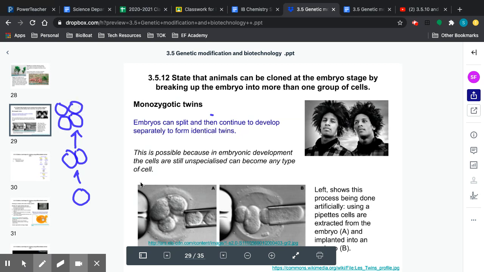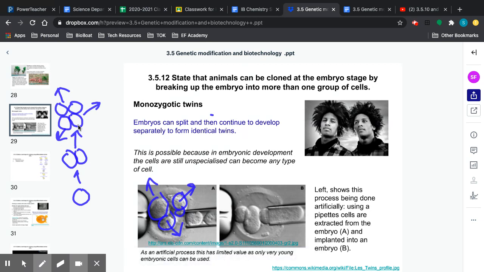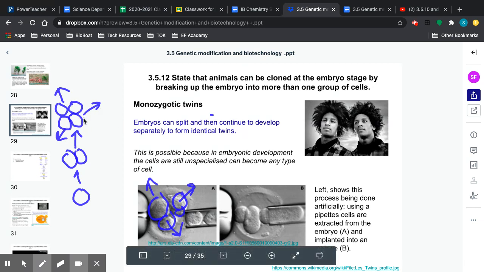What we can do is break these cells up. Here you actually see a developing embryo, and they're starting to suck the cells out. And you can just move them to different locations. Now that they're no longer joined, they will all become individuals. So that's one way of creating clones, by breaking up the cells in this developing embryo.